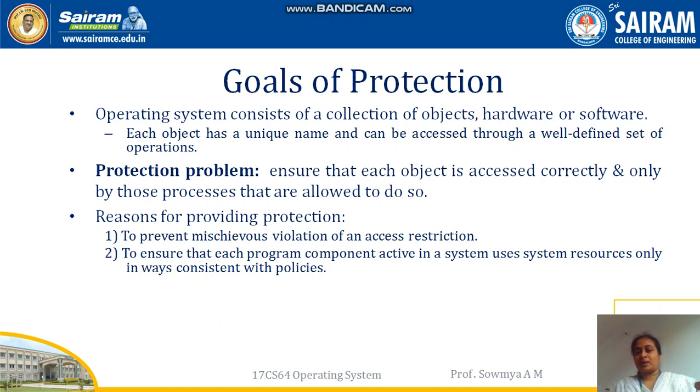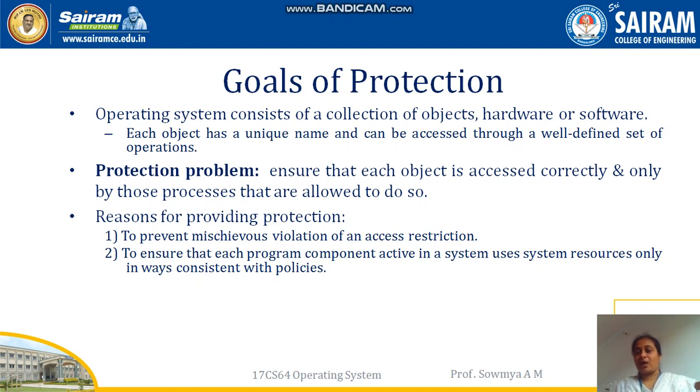So operating system consists of a collection of objects, hardware or software. Each object has a unique name and can be accessed through a well-defined set of operations. Those well-defined operations are maintained to provide protection. So the protection problem is to ensure who is accessing what data, or who is the right person to access what.